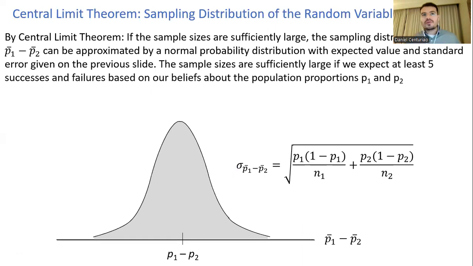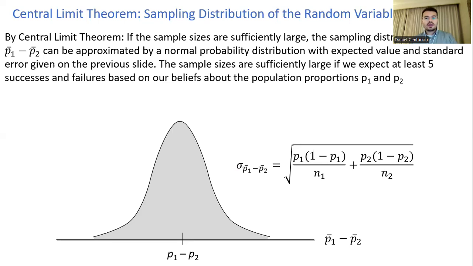What we can do with that is the same process that we've been doing for the samples as well. We can invoke the central limit theorem and say that if the sample size is sufficiently large and we have a sample distribution of the difference of the proportions, that distribution will be normally distributed.